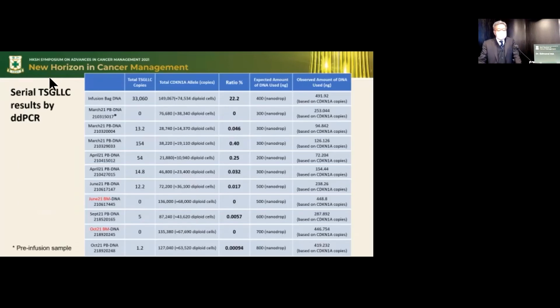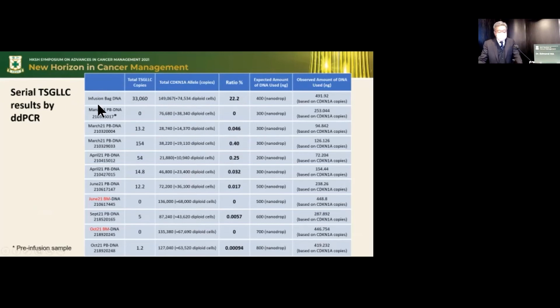And I'm showing you this table, basically showing the trend of the CAR T cells throughout the half year after treatment. This column shows the CAR T cell copy number. This is the housekeeping gene copy number. And the CAR T cell over the housekeeping gives you a ratio, expressed as a percentage.